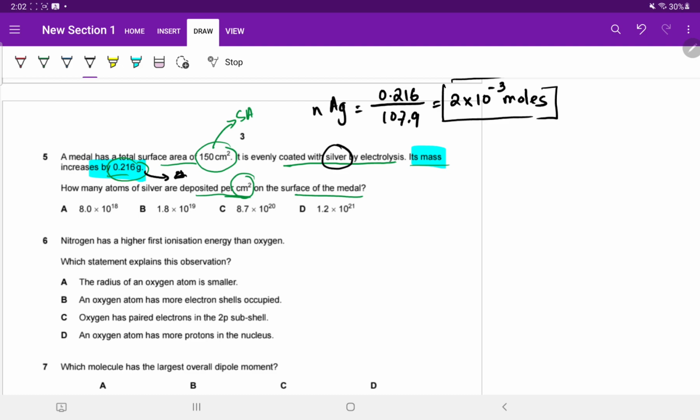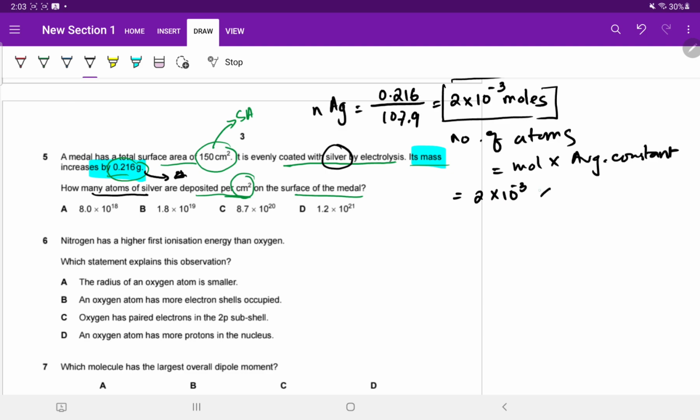Now let's calculate the atoms of silver. So number of atoms, because it says we have to calculate how many atoms. So number of atoms, as we know, is moles times Avogadro's constant, which is 6.02 times 10 to the power 23. So let's just do it. 2 times 10 to the power minus 3 times 6.02 times 10 to the power 23.